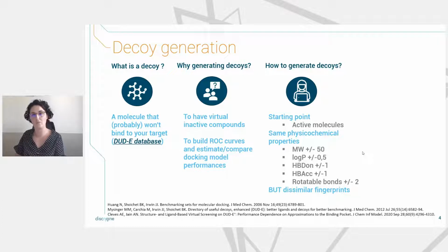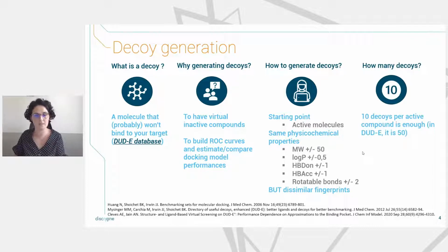You will use some real active compounds, and you will go into a huge database to search for compounds with the same physicochemical properties but dissimilar fingerprints. It means that you want to be in the same chemical space, but with compounds of totally different topology.